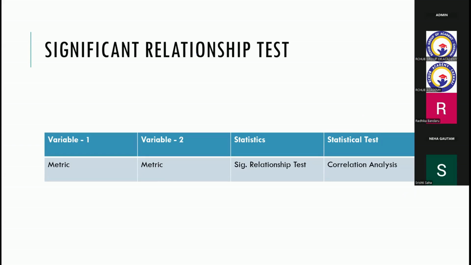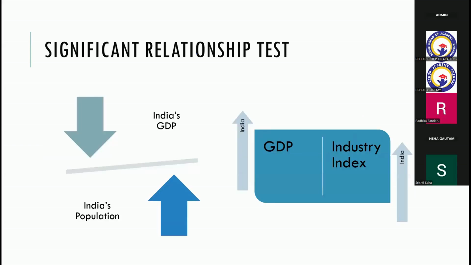So what is this significant relationship test? Say, for example, Neha Gautam is running at 10 kilometers per hour, and I myself am running at only 8 kilometers per hour. Both the data are metric, both are numbers.